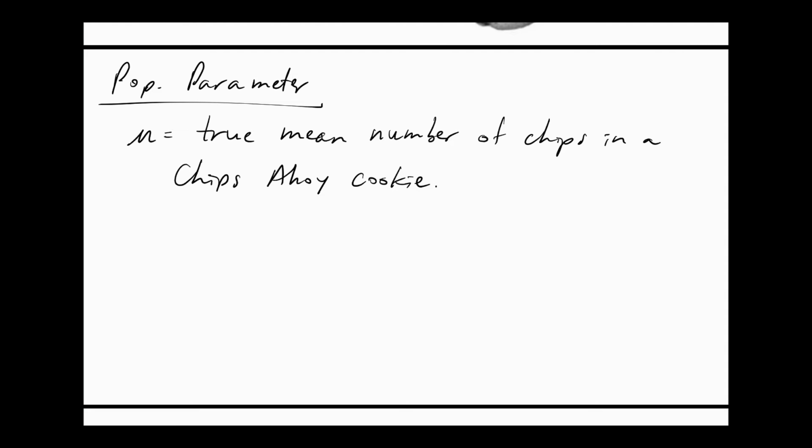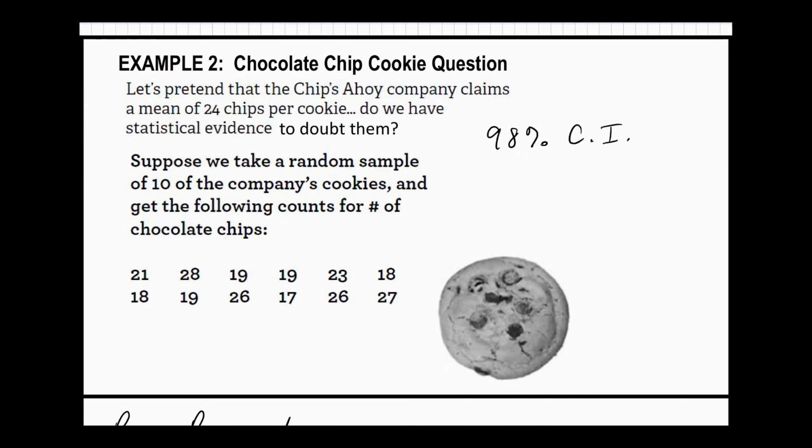Oh, before that, we didn't pull information. We pulled one bit of information, the information I gave you here, but what else can we pull from the sample? Sample size 10. So n is 10, definitely important. Yep, the true mean they claim is 24, so we're going to use that for 24.